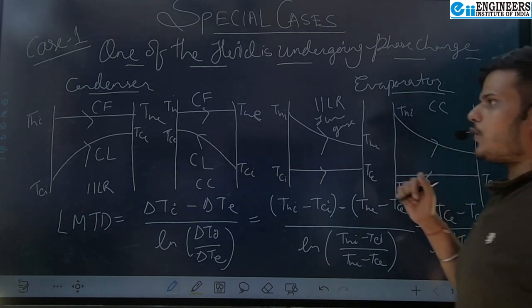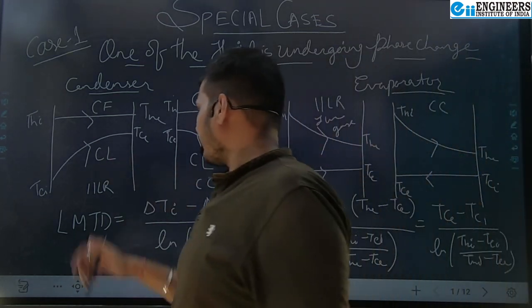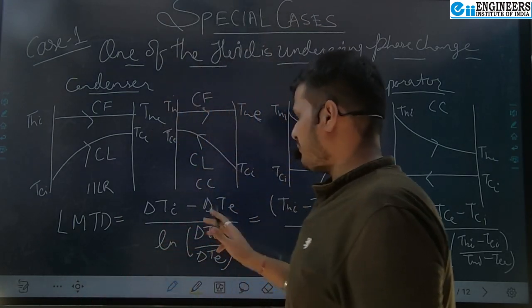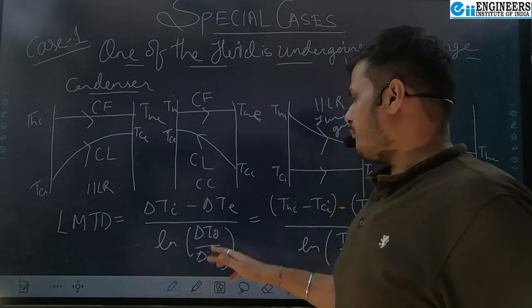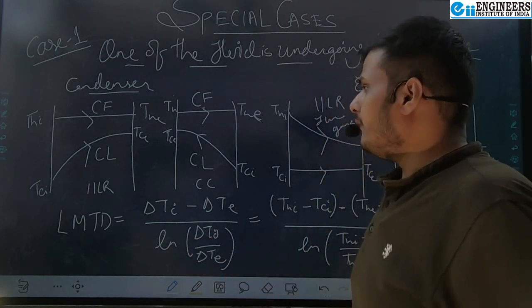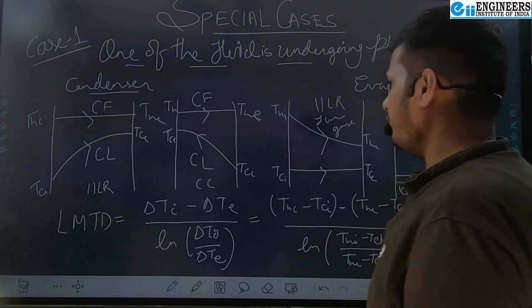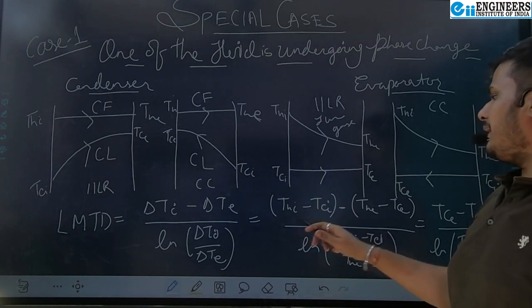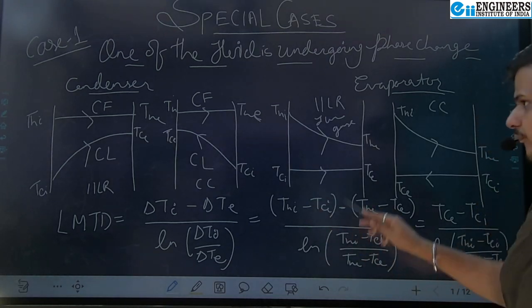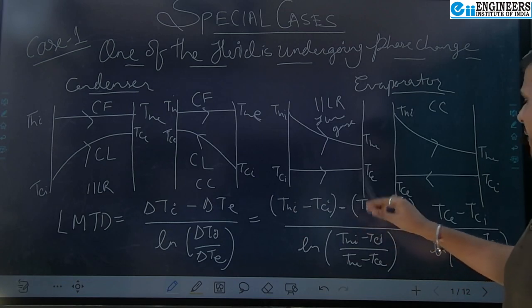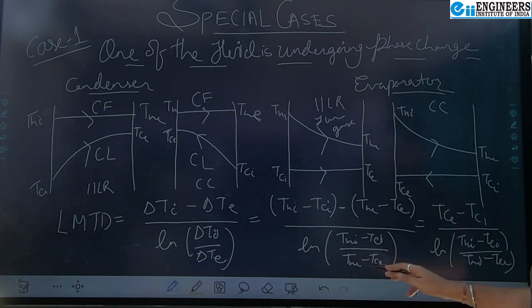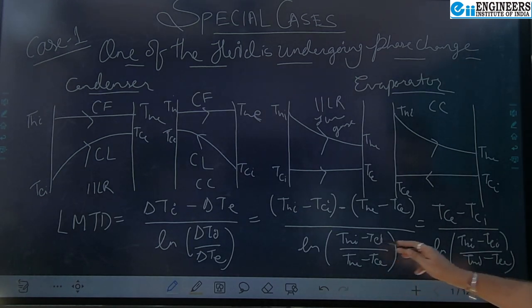Then let us consider the case of this parallel flow. The logarithmic mean temperature difference is delta Ti minus delta Te divided by ln of delta Ti by delta Te. For this condenser and parallel flow case, we can expand it and write it as Thi minus Tci minus The minus Tce, divided by ln of Thi minus Tci by The minus Tce.